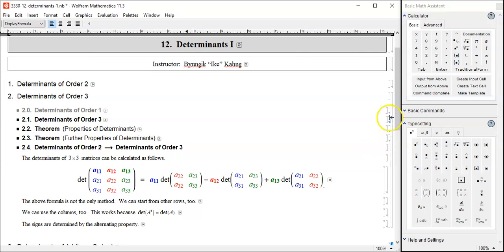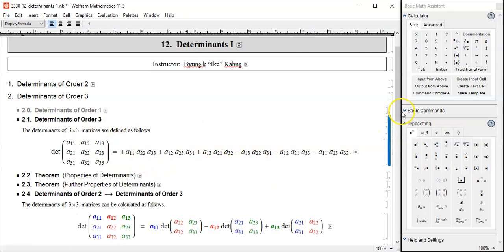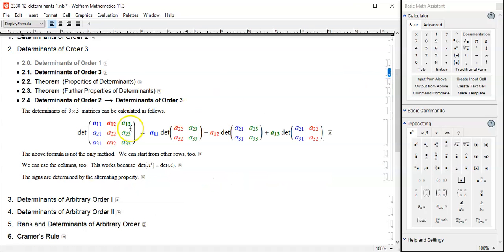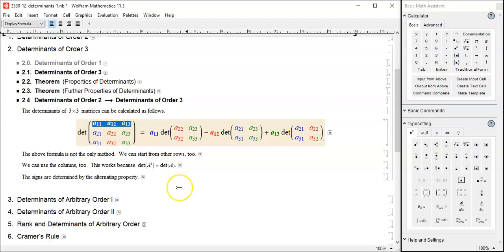Alright. Okay, so this is a determinant formula, but this is one way to calculate. Here's another way to calculate the determinant. From the 3 by 3 case here, focus upon the first row, and then take the first entry here, A11, and then remove the first row and first column, which this number came from.